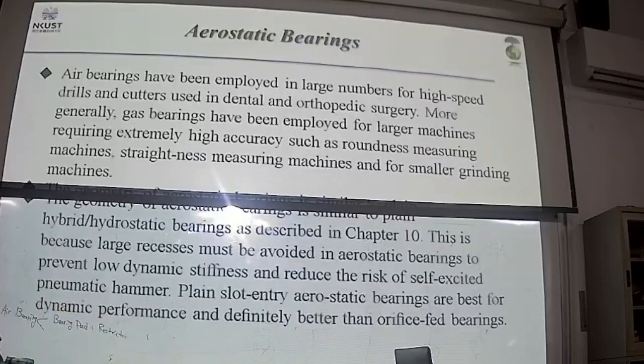For the traditional one, you have a very flat design, plus restrictor design. There is also a new type of the air bearing called the porous air bearing.